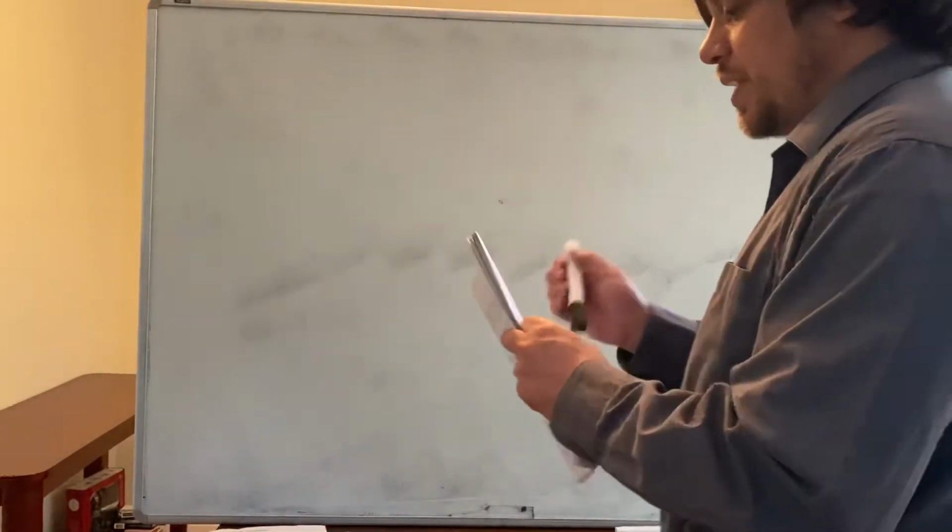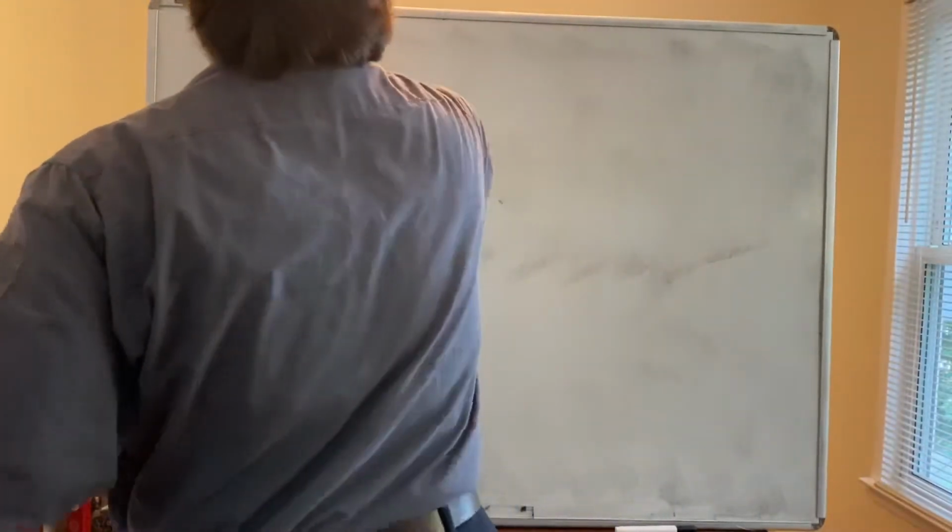Okay, so 5.3, continuous random variables.